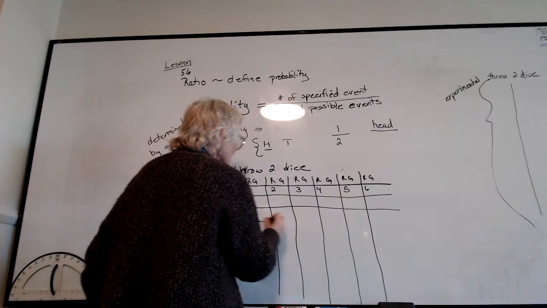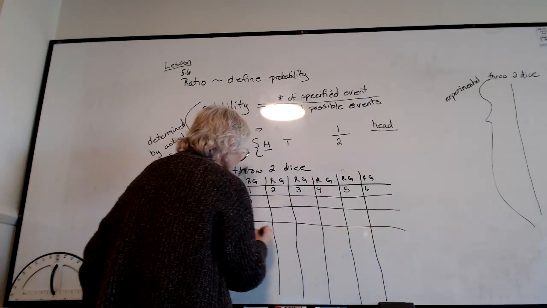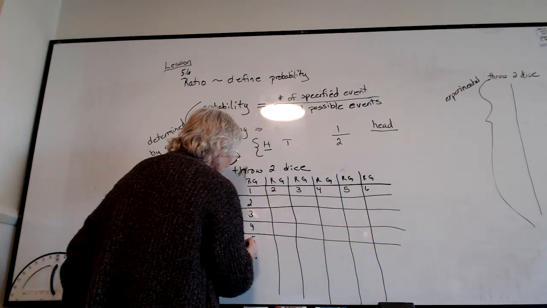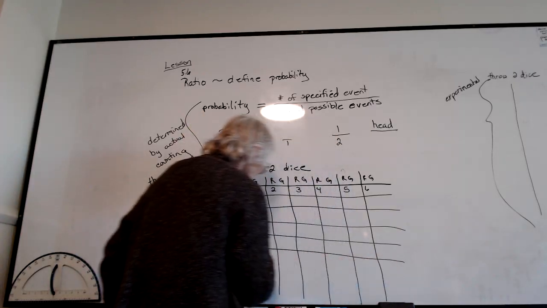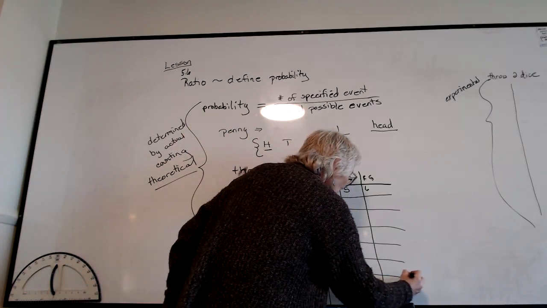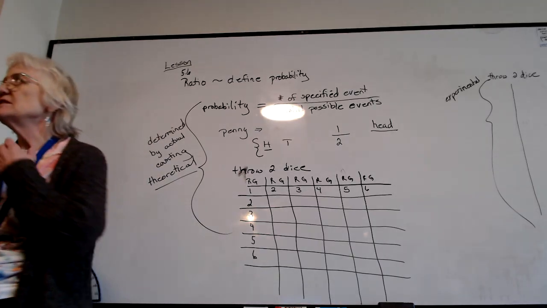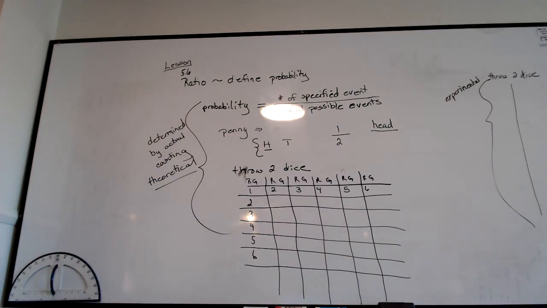These are going to be the possible outcomes. Now we're going to use it to count up our theoretical, and then see how it would be if we did an experimental.